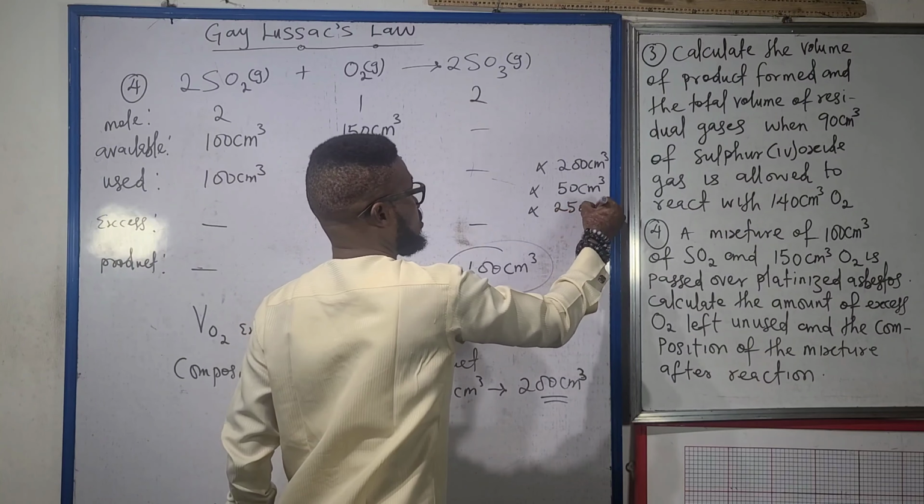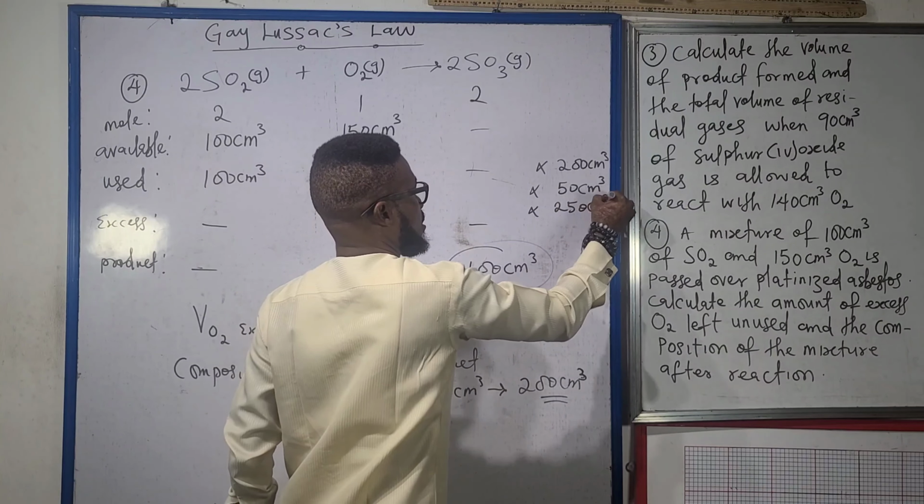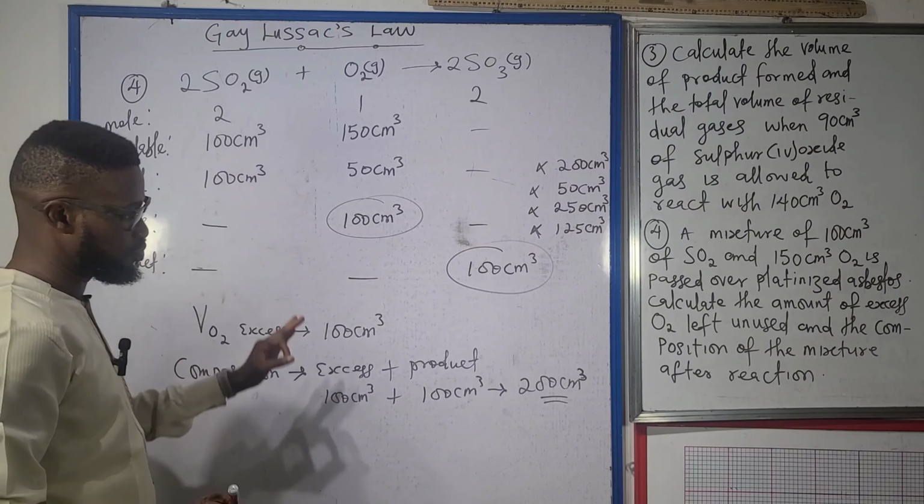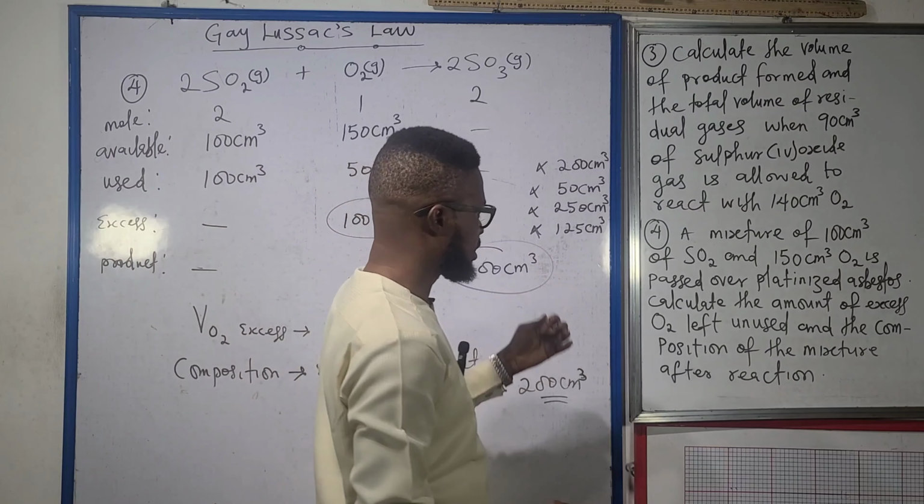Some will add and divide by 2, thinking they are looking for the average, 125 cm³. You still will be wrong. So there is nothing you can do other than get your balanced equation and work through it in the proper way. That way you get the right answer.